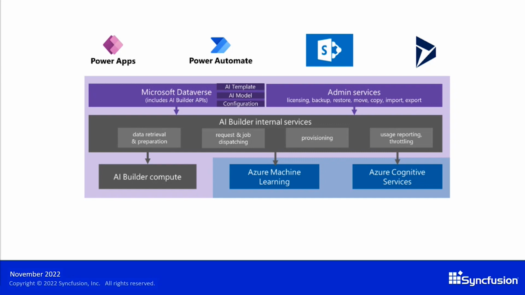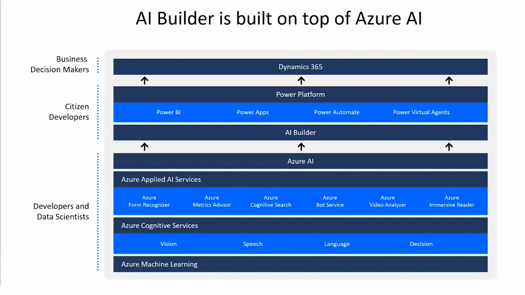So actually, AI Builder is built on top of the Azure Artificial Intelligence stack. Here you can find different AI services that are designed for developers, data scientists, and even for, I would say, business people. And you can find different practices and models to build and deploy your own artificial intelligence solution.